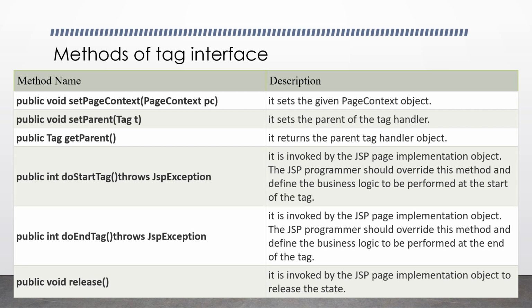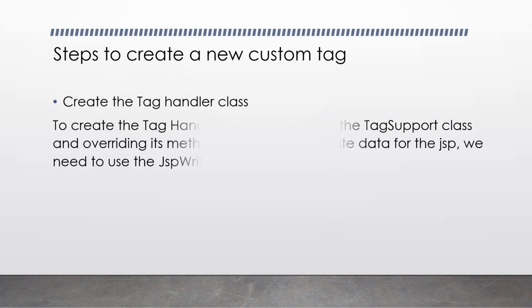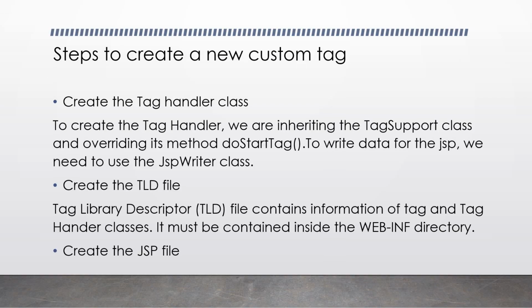So now we can move to the steps to create a new custom tag. We have three main steps to follow. The first one is to create the tag handler class. The tag handler class is the place where we are going to put our code and the business process of this tag.